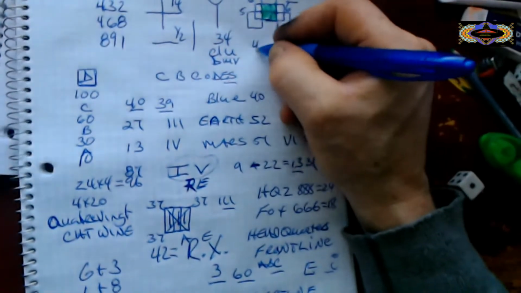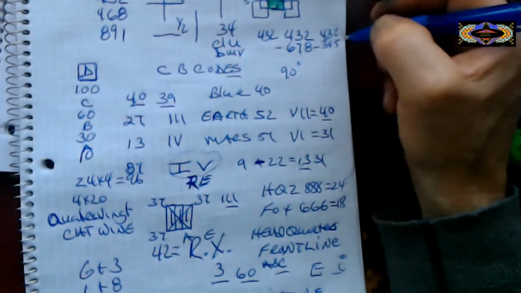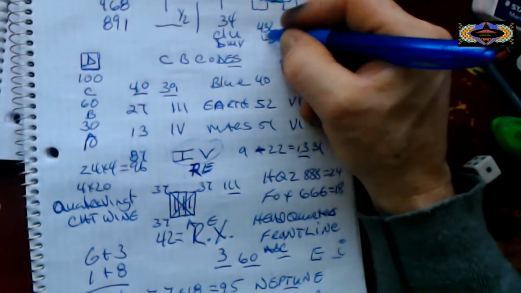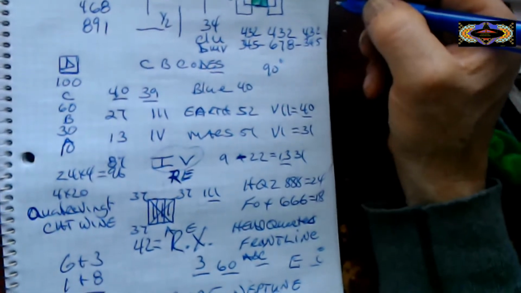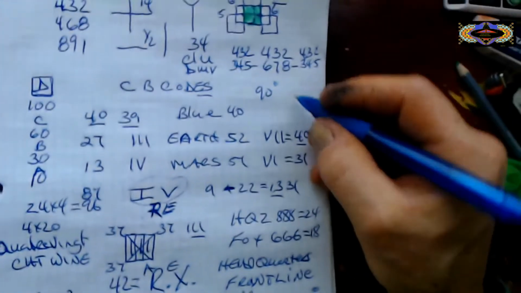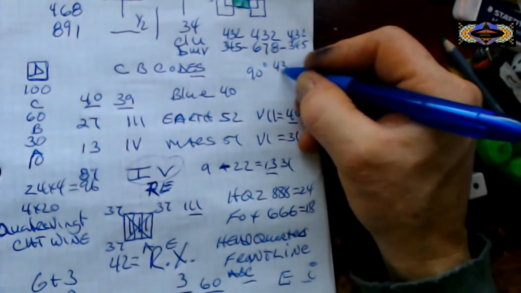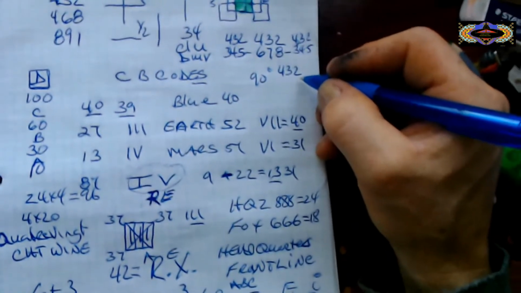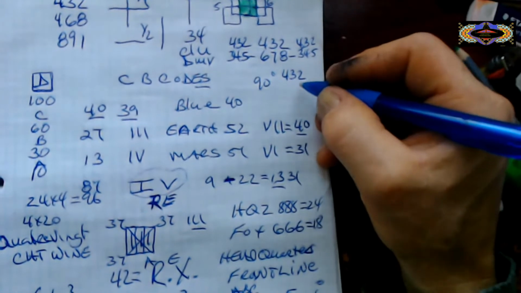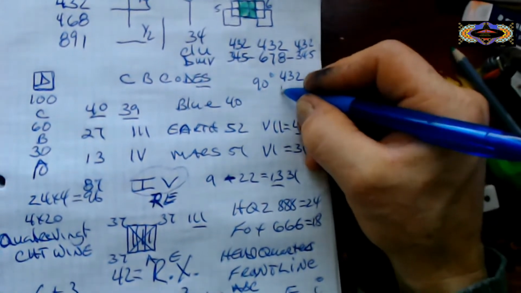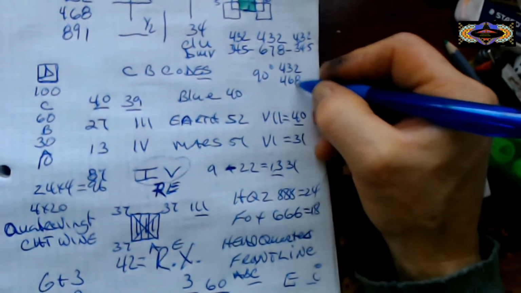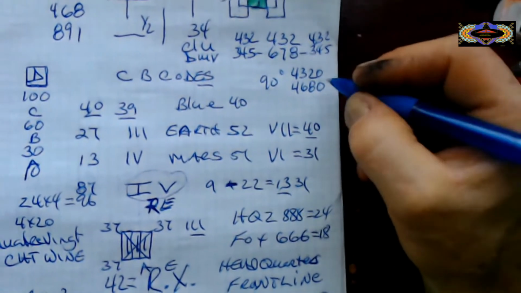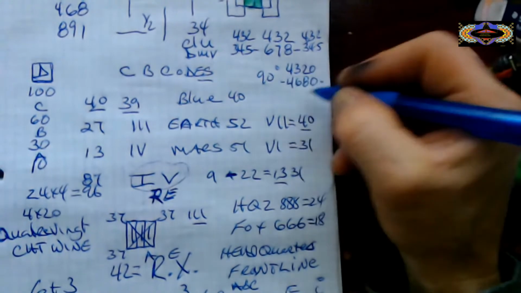The next one will equal 5, 4, 3. And the one to the 90-degree angle equals, I'm just trying to remember, 4, 6, 8. We're just going to do this. 4, 6, 8. These are the seconds in a day.